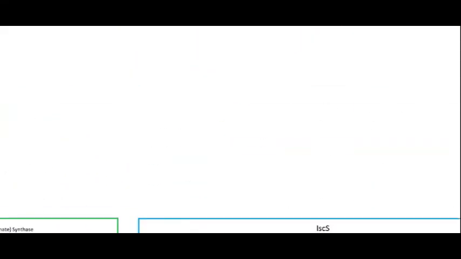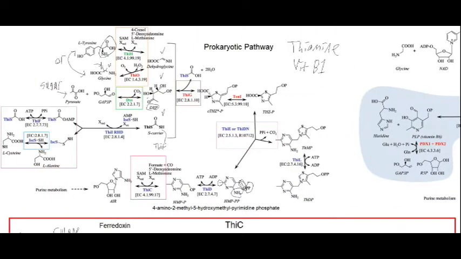So now we can go up here and get our bearings a little bit again. So we talked about the dehydroglycine. We got that. We got the DXP from our pyruvate and glyceraldehyde 3-phosphate. We got our HMP pyrophosphate, and we got our S carrier.